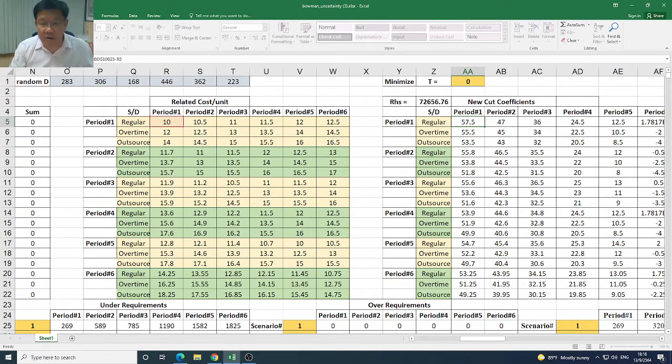Okay, so the next one becomes the next column. This is for the summation of y for period 2 for all scenarios k, and then you minus here. And keep on going. When you go to the second row, it becomes again the summation of y, the same for the same column.